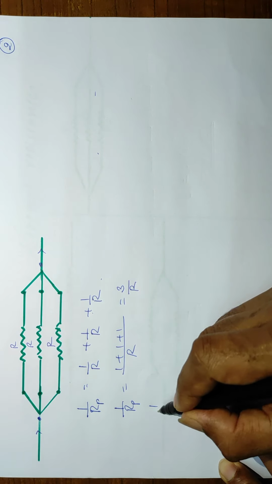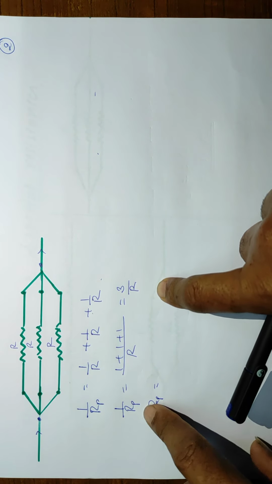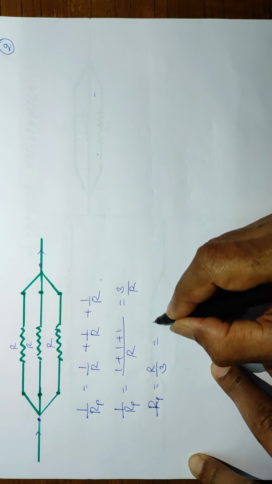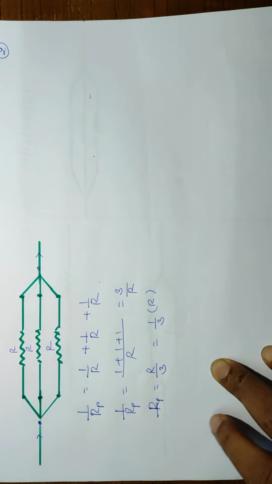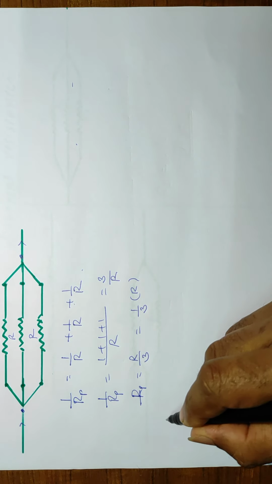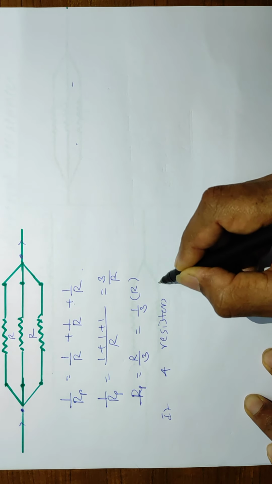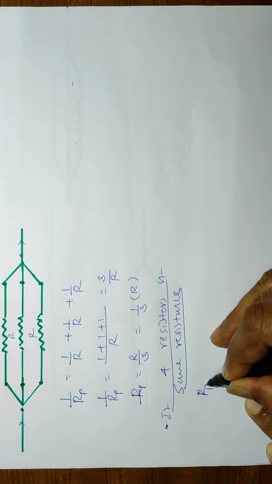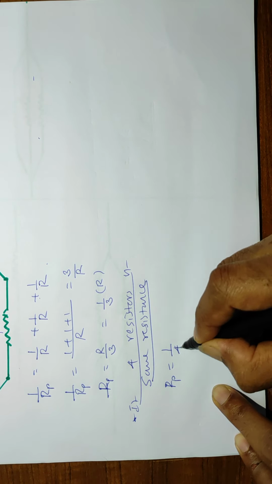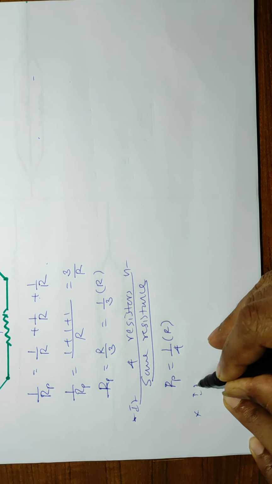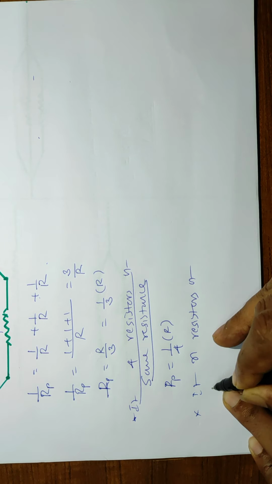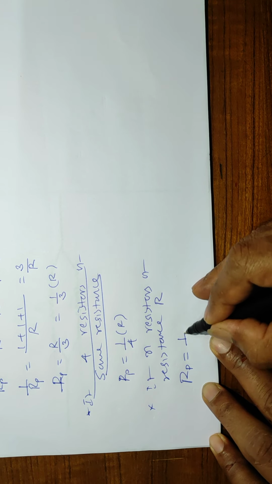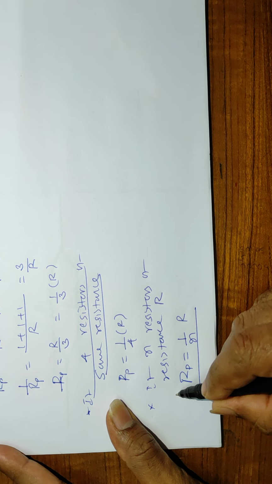So 3 by R. Or you can write Rp is equal to, so don't forget to take the reciprocal once again at the end, Rp is equal to R by 3, or you can write as 1 by 3 into R. If 4 resistors of same resistance are connected, then the equivalent resistance will be 1 by 4 into R. If n number of resistors of resistance R are connected, then Rp is equal to 1 by n into R.